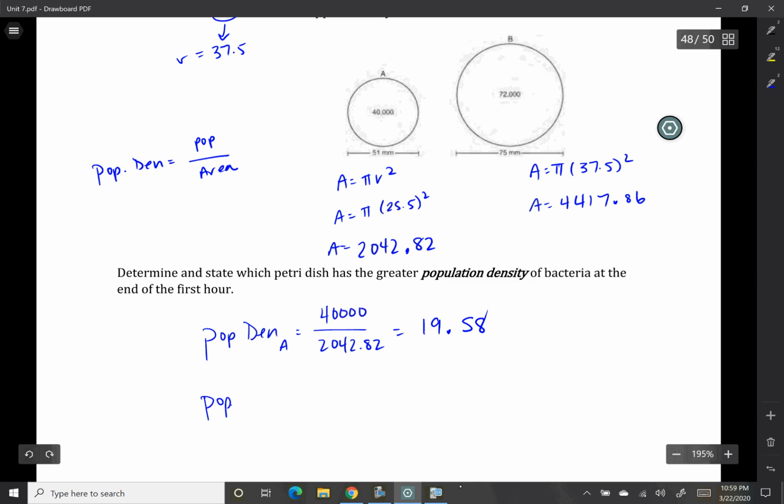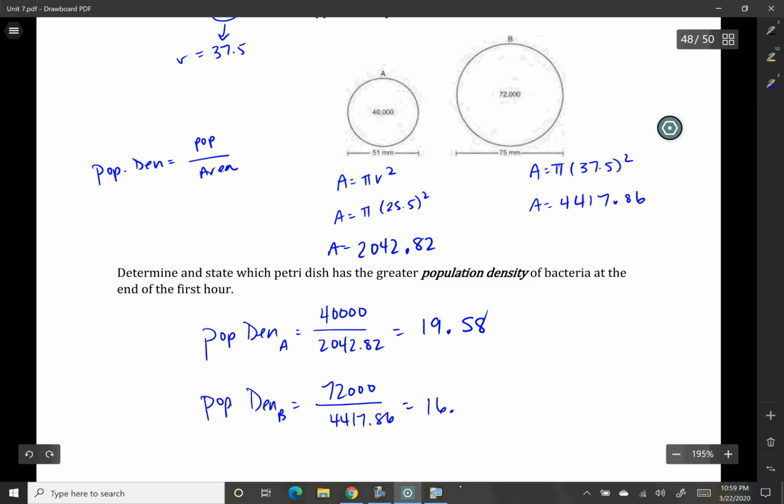If I find the population density of B, I would take the population of B, bigger petri dish, more bacteria, and divide it by the area of B, and see what the population density comes out to be. So divide those two numbers in your calculator. Again, do it with me, so make sure you're getting the same answer.